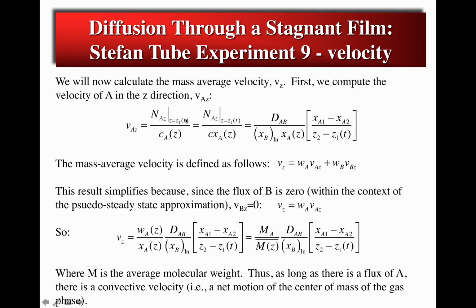And the flux is a constant, so I'll just evaluate it at Z1 because I already have an expression for that. And so here's the expression for the average velocity of A in the z direction.